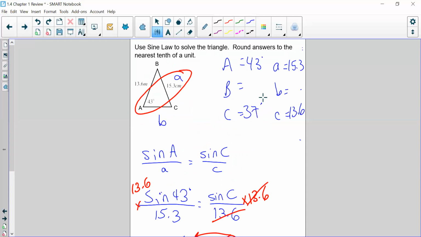Now I have two angles, so I'm going to just go ahead and subtract from my third. So 180, take away 43, take away 37 is a 100-degree angle for B.